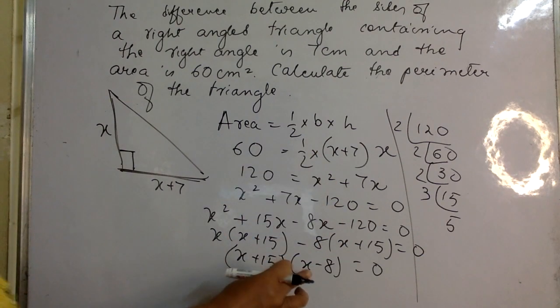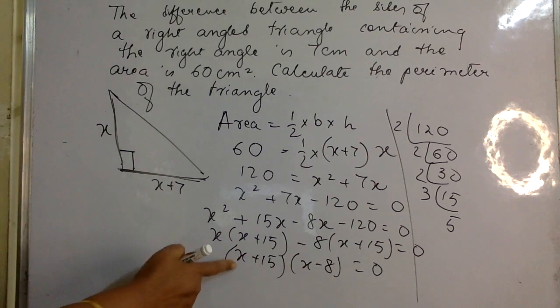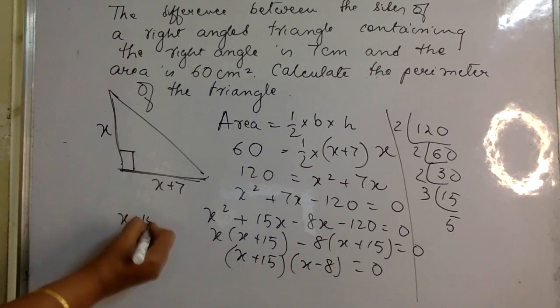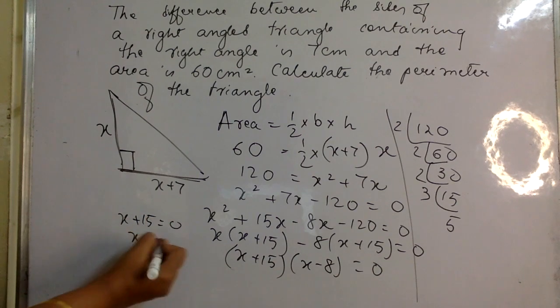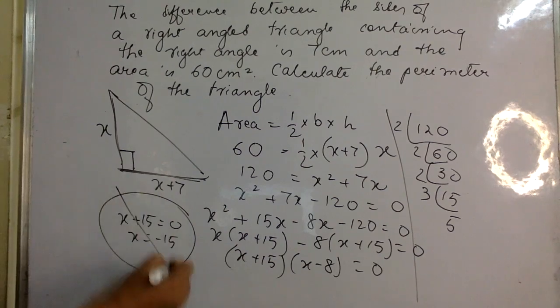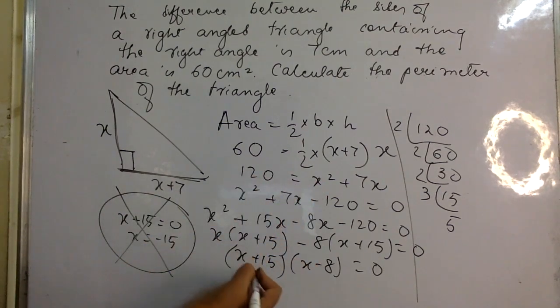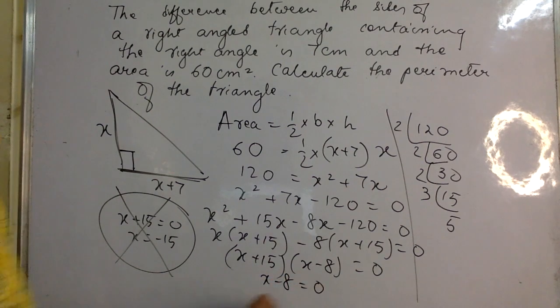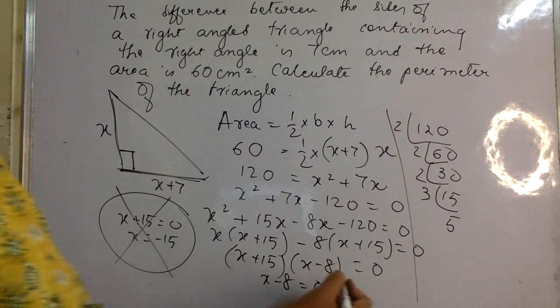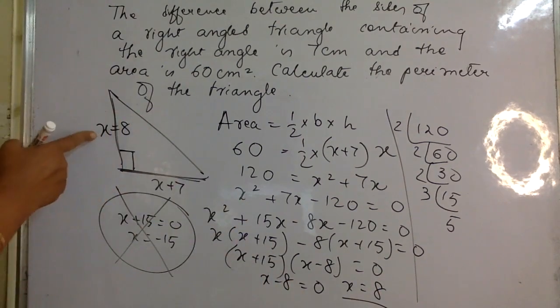I can make this a 0, I can also make this a 0, but if I make x plus 15 a 0, then x will be minus 15, and we can never have negative signs for length of a side. So we will have to take x minus 8 as a 0 only. That is the only valid equation here. So x is equal to 8. So my correct answer is x is 8.